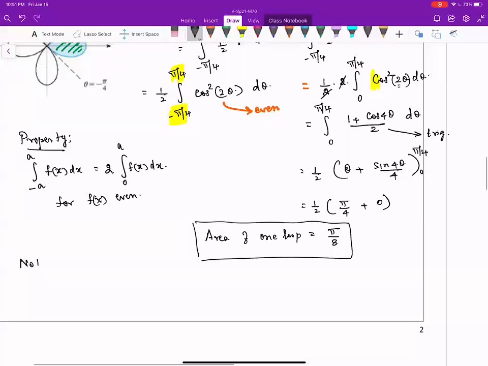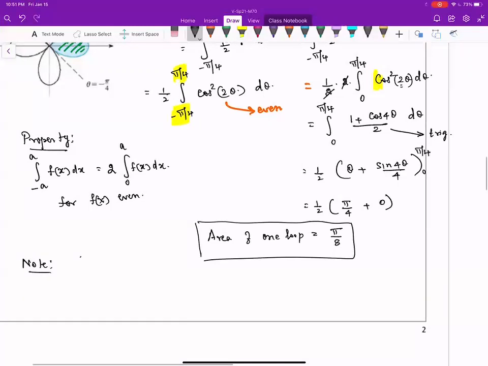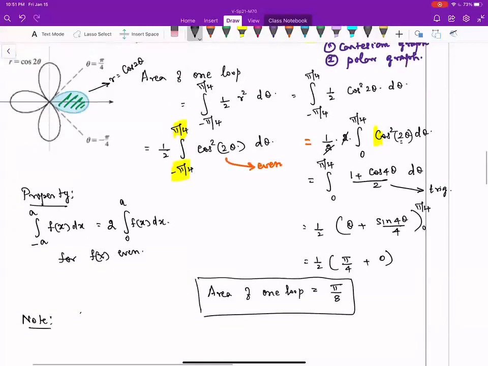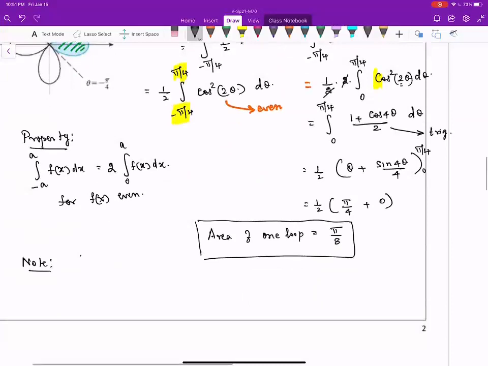So is this the only way to do this problem? Because the question is only finding the area of one loop, you can also consider all the areas between 0 and 2 pi, since the graph is drawn between 0 through 2 pi. So you can also do the following method.